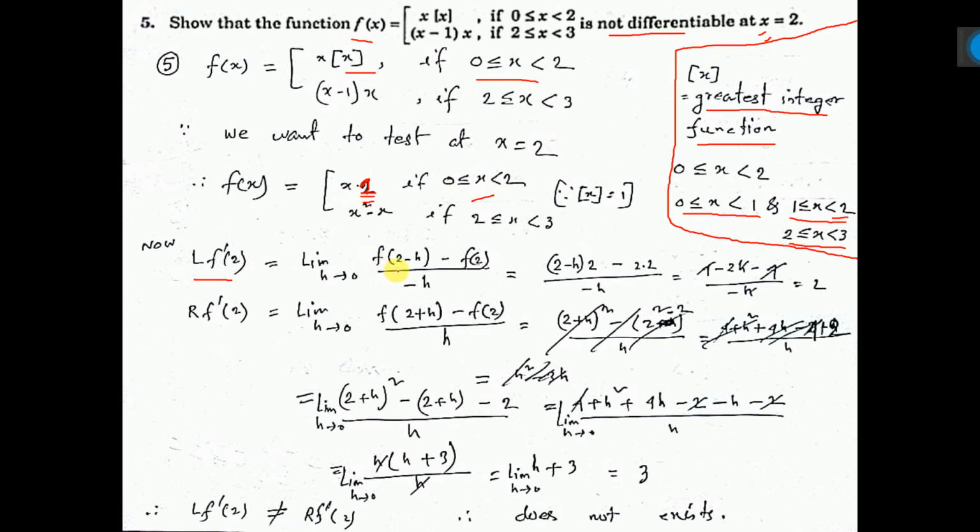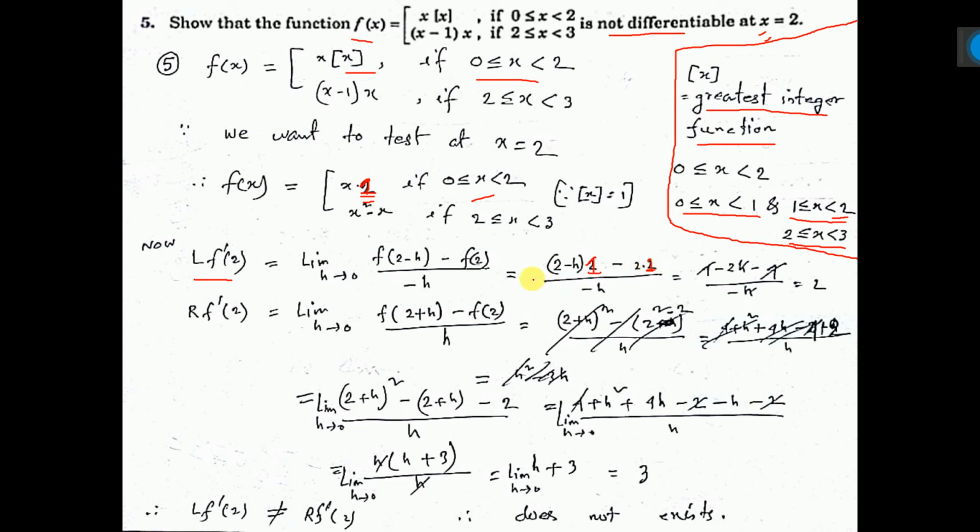So the formula is (f(2 − h) − f(2)) / (−h). So 2 − h into 1, putting the value of x, and f(2) means you put 2 here, so 2 into 1.